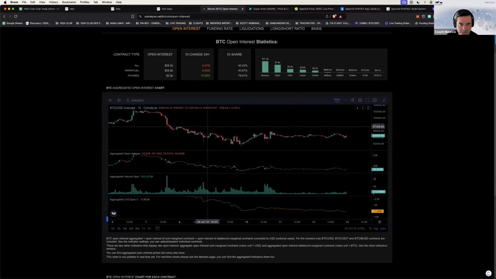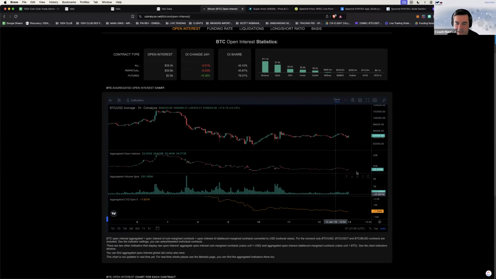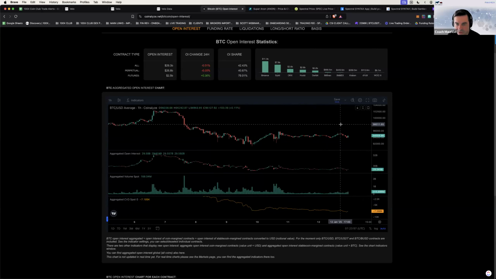If you go to Coinalyze, I have this in 1 hour price action, and you have your open interest, but the one I'm following the most is the aggregated CVD spot. What that means is, when we start seeing a lot of spot increasing, people on spot are buying.